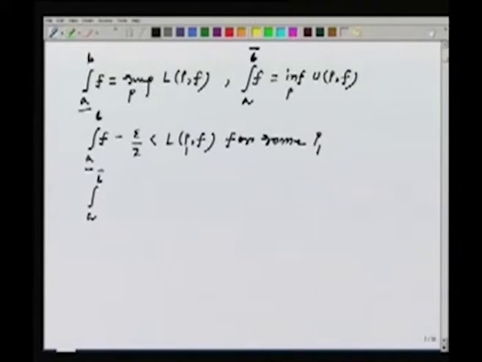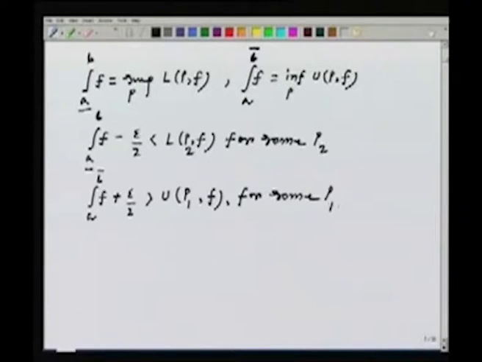Similarly, if I increase the infimum of the U(P,f) by epsilon by 2, then I know it is bigger than some U(P1,f) for some partition P1, where P1, P2 are partitions. Well, this is just from the definition of supremum and infimum.